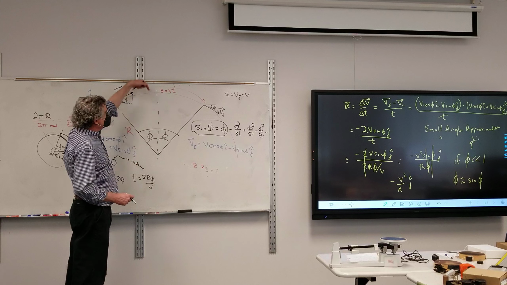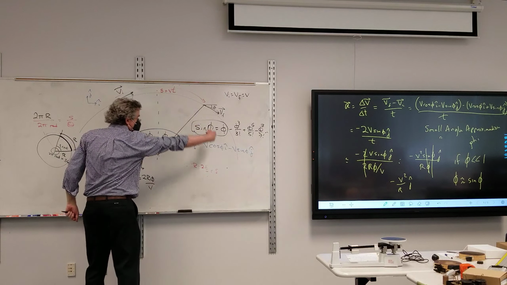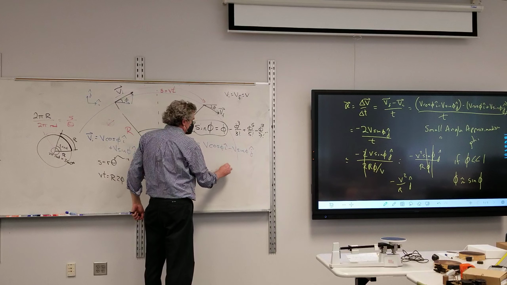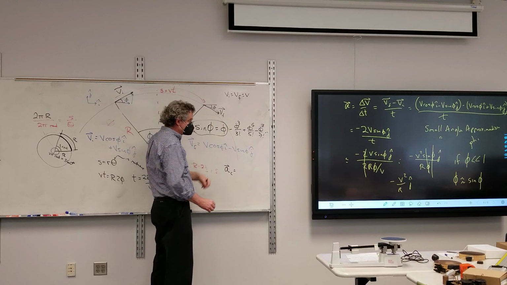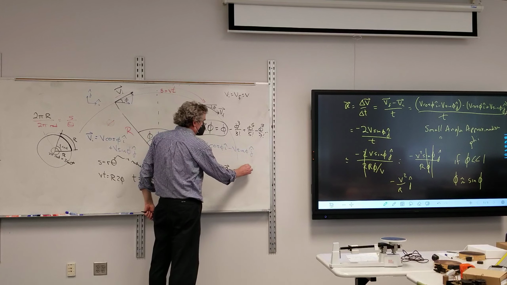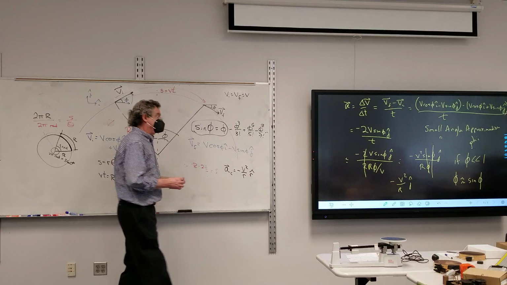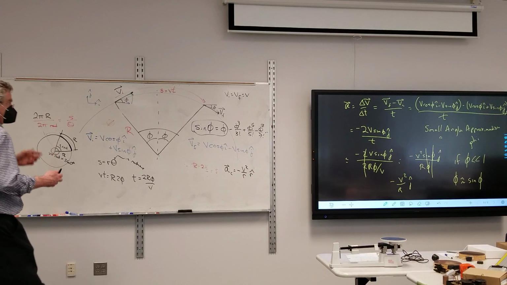That negative j hat means it's pointing towards the center, because I'm looking at the top here. It's always going to point towards the center no matter where I am. So generalizing that, my centripetal acceleration, because it's pointing towards the center, is negative v squared over r, r hat.